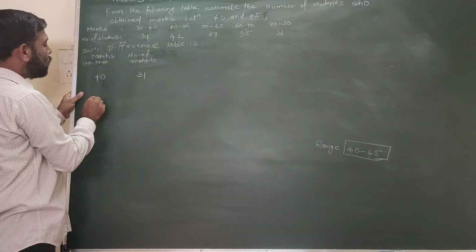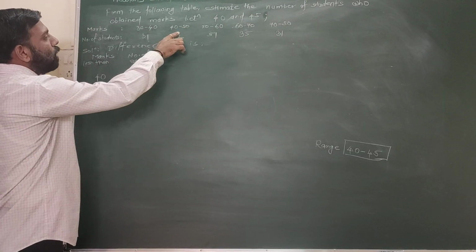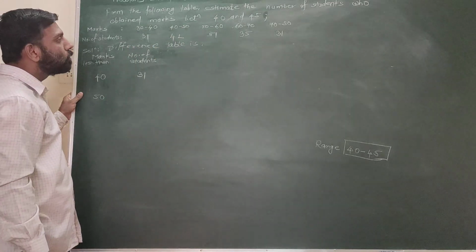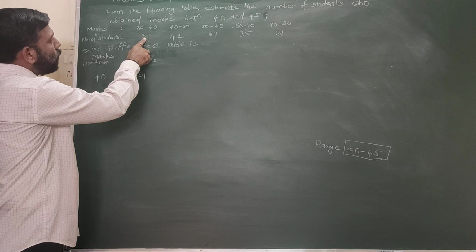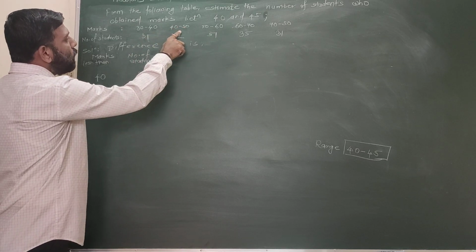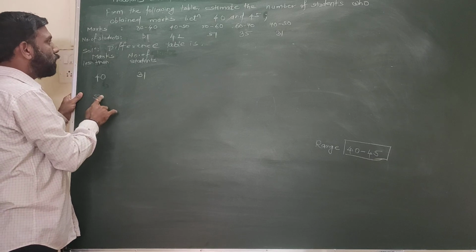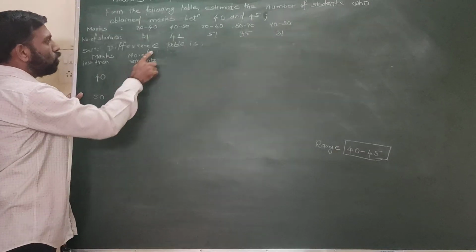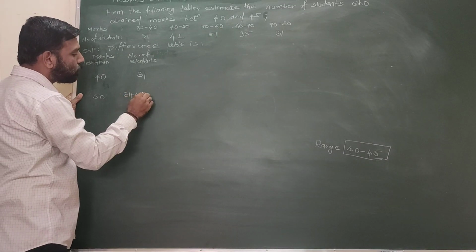Now the next question is, how many students are there for the marks less than 50? Here 30 to 40, there are 31 students. 40 to 50, there are 42 students. So the question is, how many students below 50? In this case, we'll take the addition of these two.